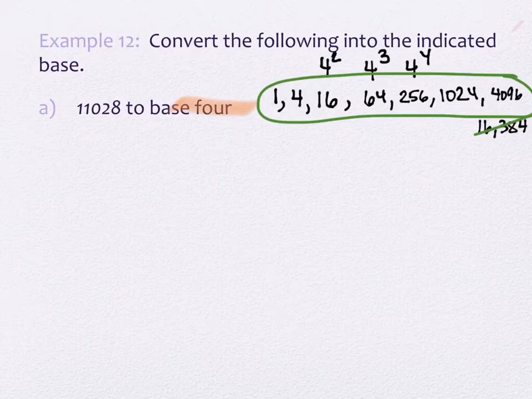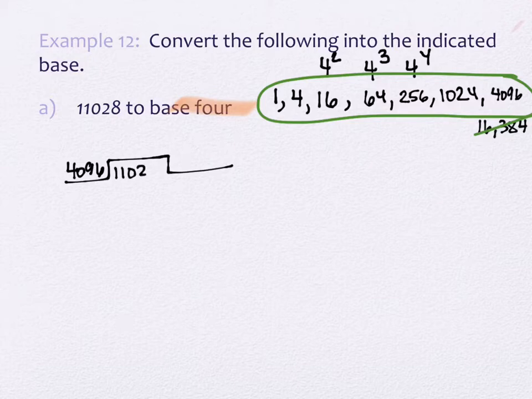So we're going to do the 4,096 first with my 11,028. How many times will 4,096 go into 11,028? How many whole number times? Twice.